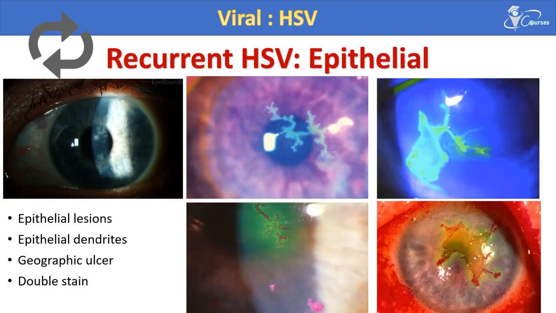So it will be the double stain, where the fluorescein will be in the center, while the rose bengal will be at the advancing edge, which has the diseased epithelium. So it will stain the periphery or the edge of the ulcer. So when you see this pattern of double stain, this is also diagnostic or very suggestive of a patient with herpes simplex virus infection.